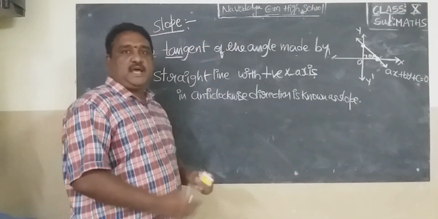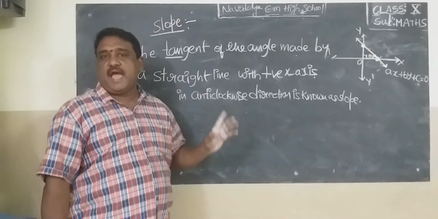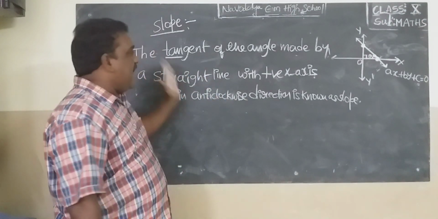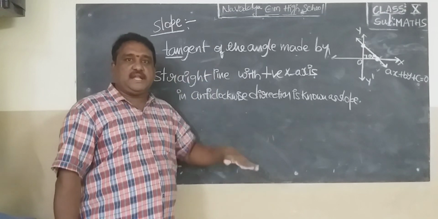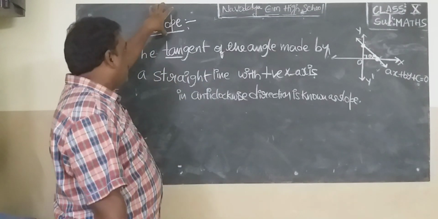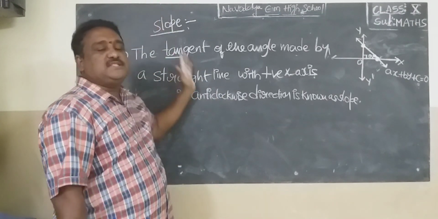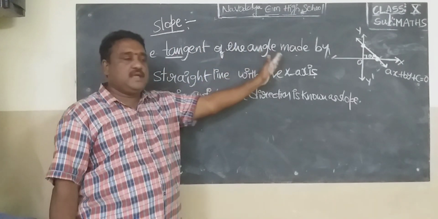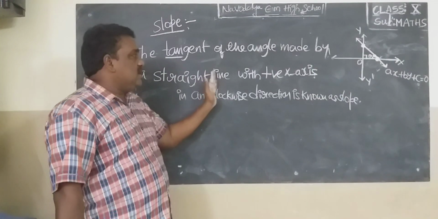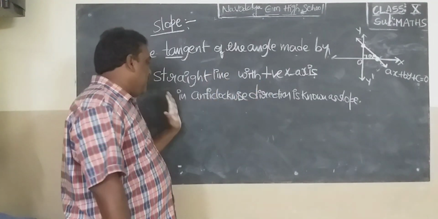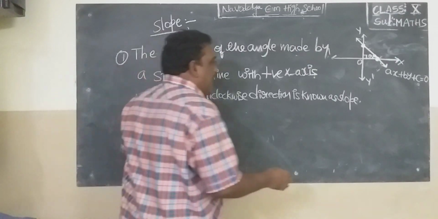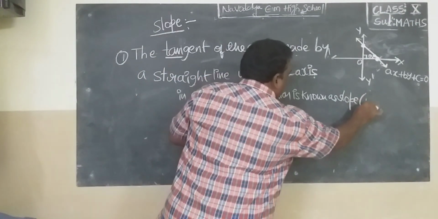So what is theta? Inclination, angle. Then apply tan to theta, it becomes tan theta. Tan theta is known as slope. So the tangent of the angle made by a straight line with positive x-axis in anti-clockwise direction is known as slope, and it is represented by small m.